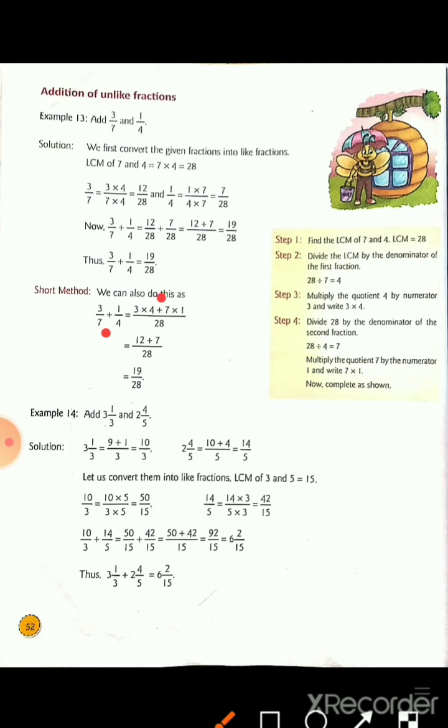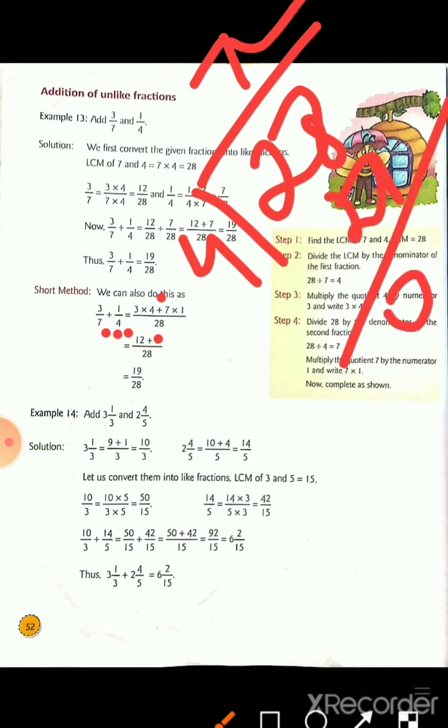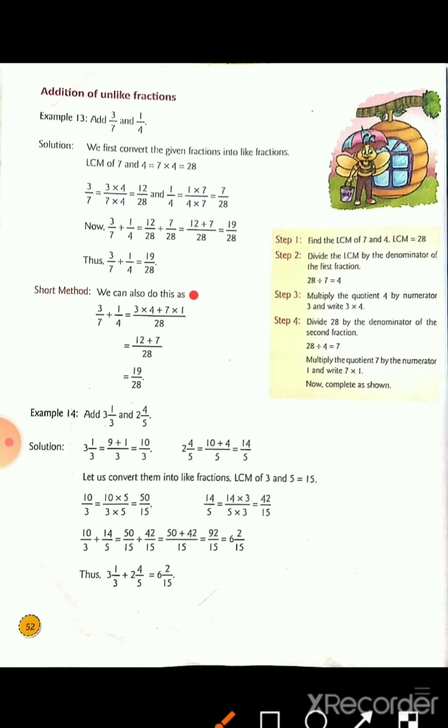Again we divide the LCM by the denominator of the second fraction, 4. 28 divided by 4 is 7. We multiply this quotient with the numerator of the second fraction, 7 into 1. So 3 into 4 is 12, 7 into 1 is 7. So 12 plus 7 by 28, that is 19 by 28.